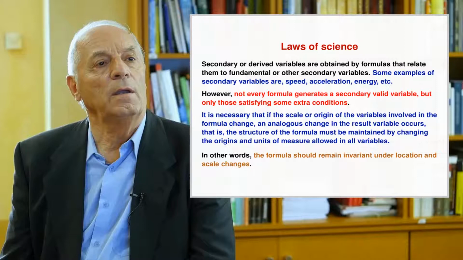It is necessary that if the scale or origin of the variables involved in the formula change, an analogous change in the result variable occurs. That is, the structure of the formula must be maintained by changing the origins and units of measure allowed in all variables. In other words, the formula should remain invariant under location and scale changes.